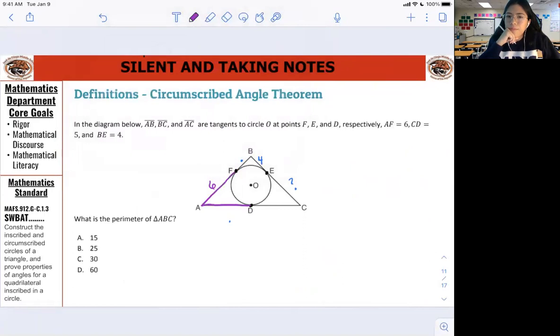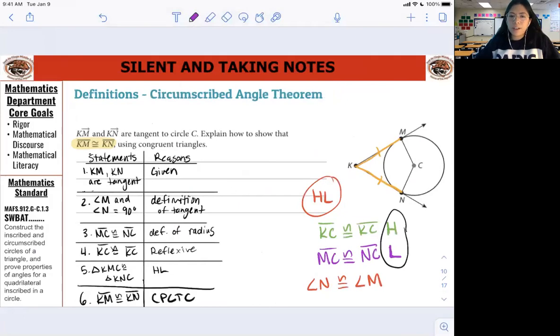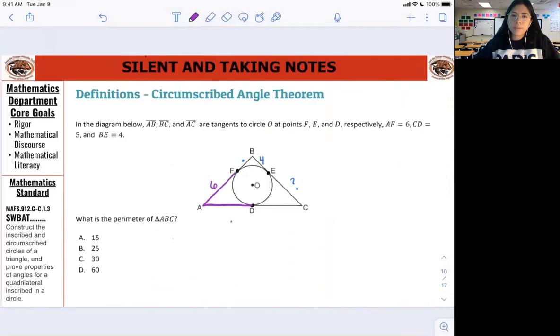It's congruent to DC. That's not what I just learned. What did I just learn over here?